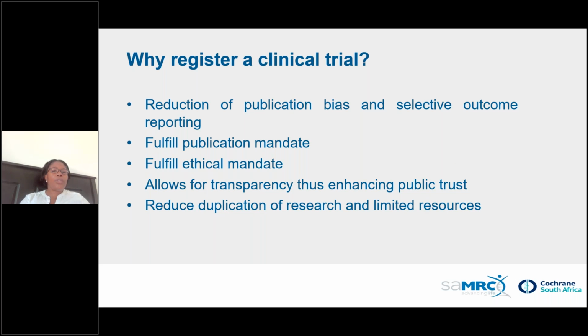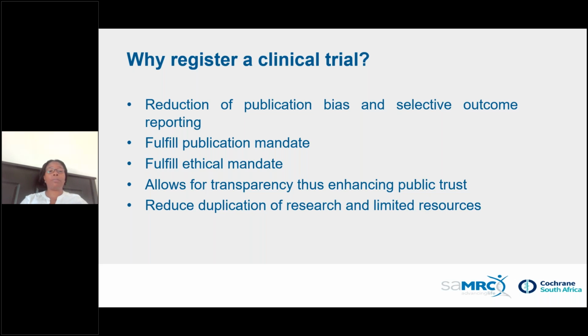And why do we need to register a clinical trial? There's a number of reasons for that, and I think it's even evident now with the number of COVID-19 trials that are happening that we need information to be publicly available, and we need to ensure that we reduce publication bias.